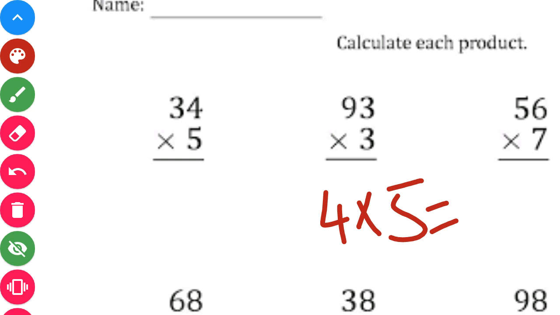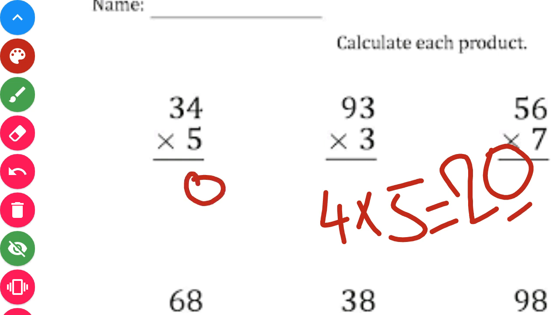How much you will get? 4 1s are 4, 4 2s are 8, 4 3s are 12, 4 4s are 16 and 4 5s are 20. So for this 20 we will write 0 at ones place and we will put a carry 2 at the tens place.